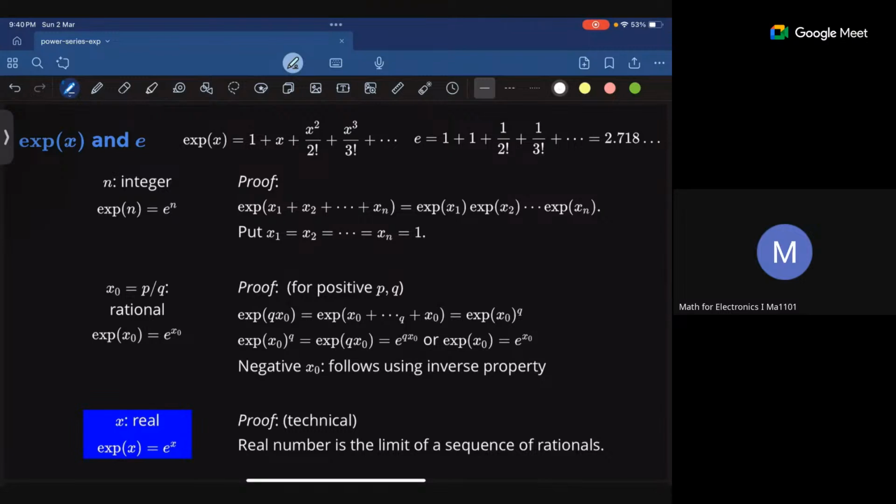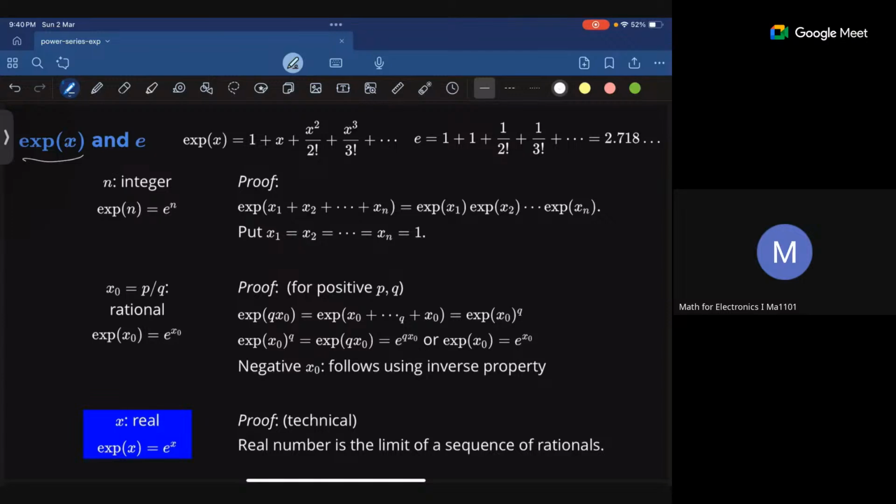So that's the proof. What is the connection between exponential of x and e? So exponential of n, when n is an integer, you can write it as exponential of the sum 1 plus 1 plus 1 and so on, which is exponential of 1 into exponential of 1, n times.